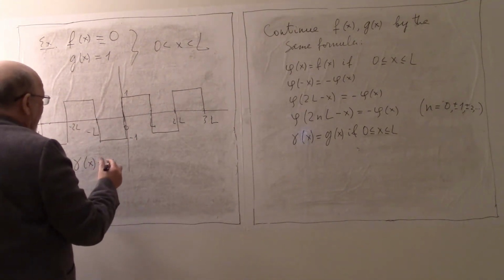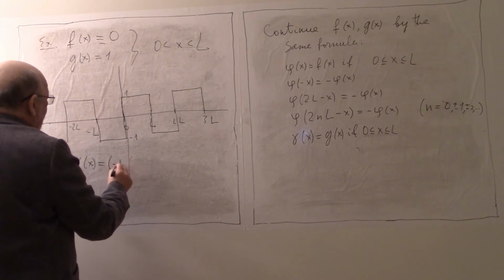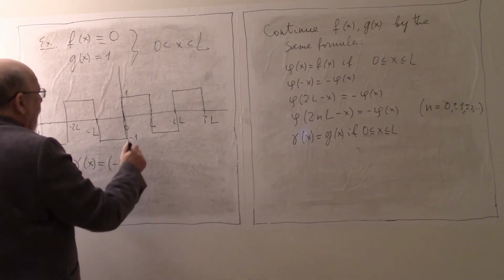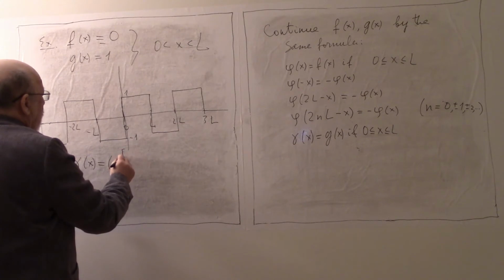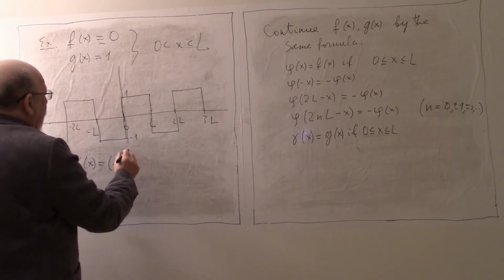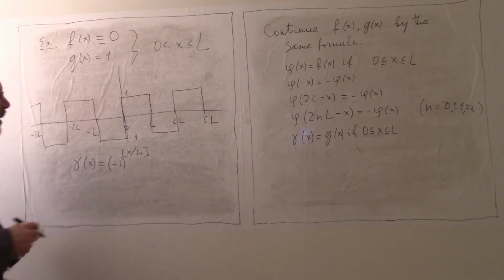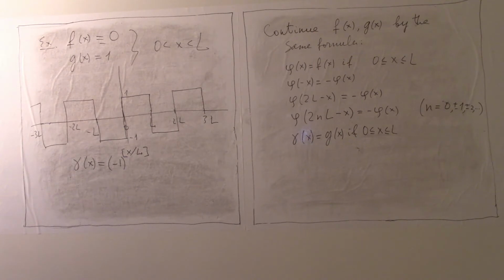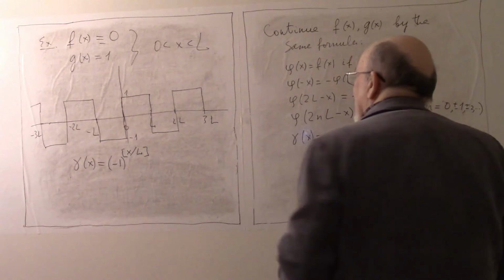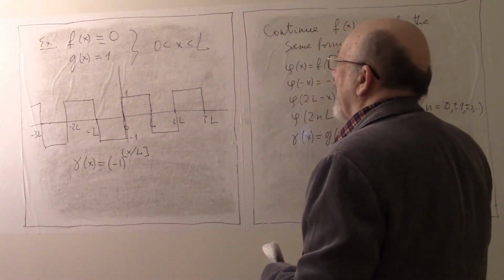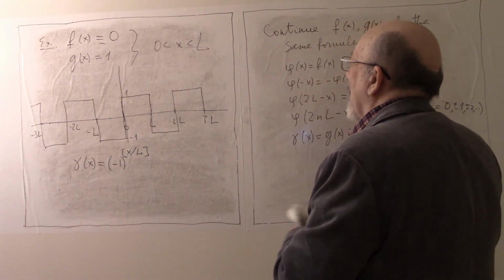So we have to take minus 1 to the power of the integer part of x divided by L. It will not help us much, but why not? Okay, so this is our function gamma of x.